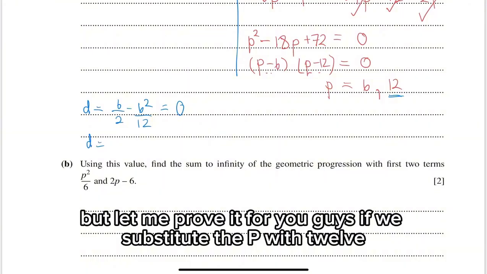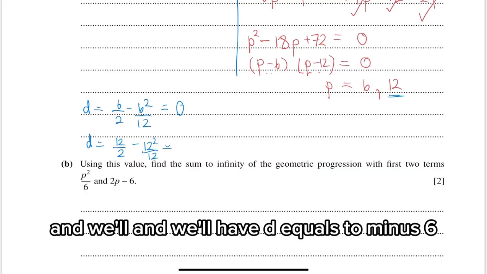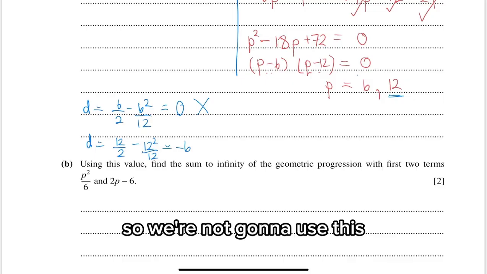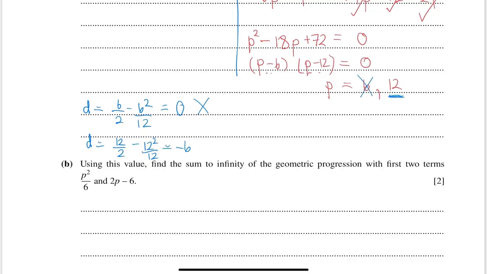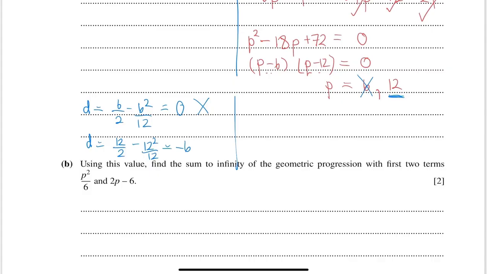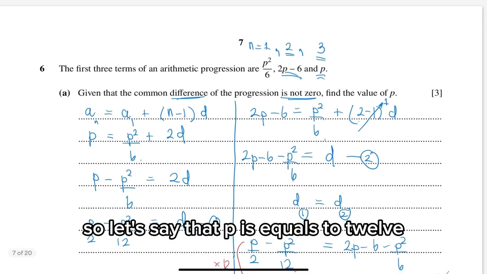If we substitute the p with 12, we'll have d equals minus 6. So we're not going to use this, we're going to use this, right? So let's say that p is equal to 12.